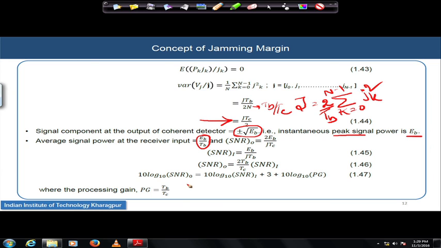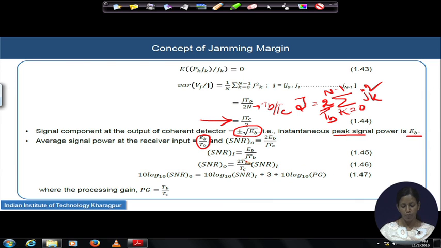In the dB scale, the output SNR in dB will be the input SNR in dB value plus the processing gain, because Tb by Tc is equal to the processing gain, plus 10 log to the base 10 of 2, which will give you the value equal to 3. Remember, this additional value of 3 you are getting not because of the spreading, you are getting it because you have utilized the coherent receiver.